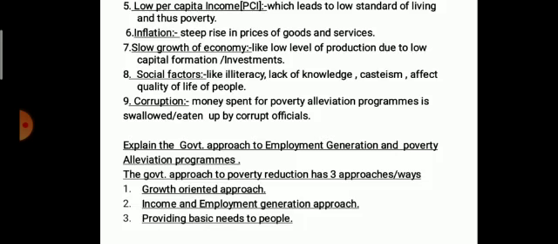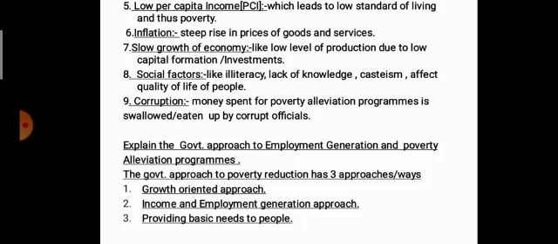Then ninth, the last point we take as corruption. That is, everywhere whatever work we need to do, we need to give money to get the work done. Government does so many projects, but half of the project money, the funds provided, is eaten by the contractors or the middlemen or the officials. So money is spent for poverty alleviation. Poverty alleviation means what?